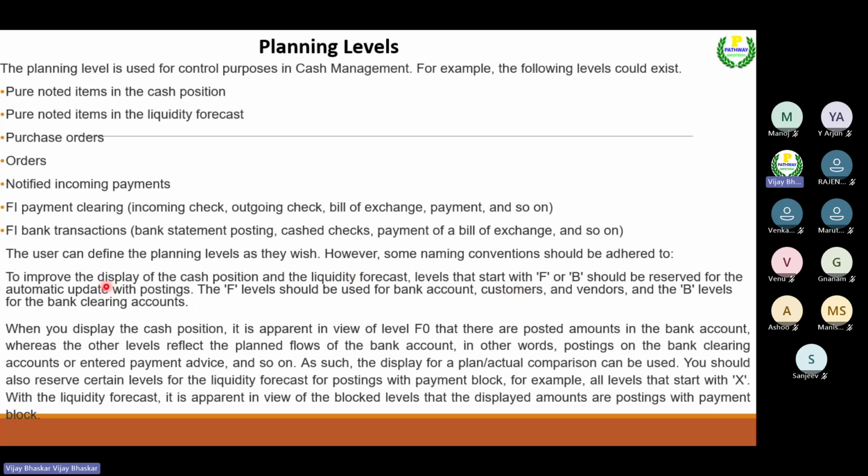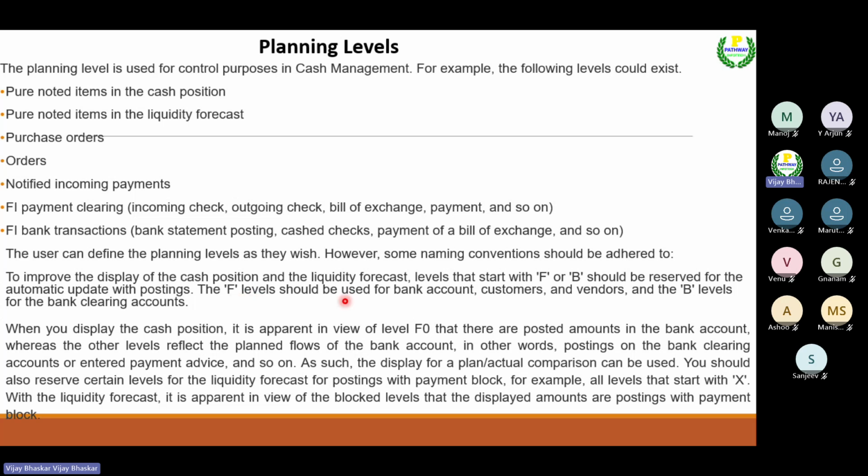Now, to improve the display of the cash position and the liquidity forecast, levels that start with F or B should be reserved for automatic update with the postings. The F level should be used for the bank accounts.